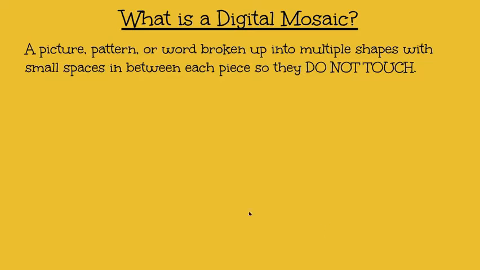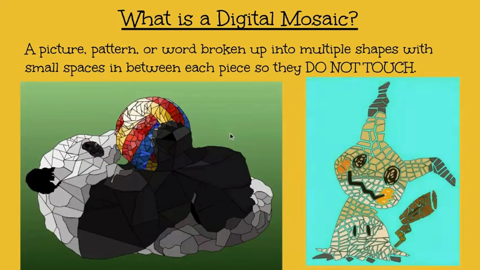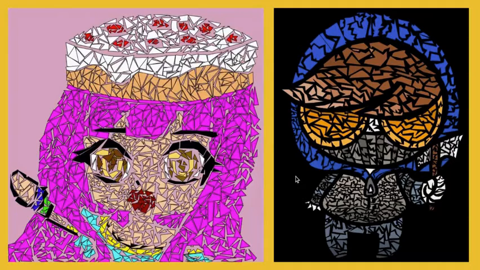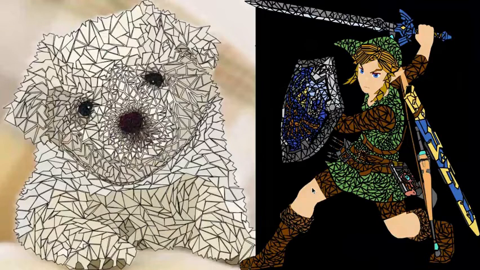A digital mosaic is a picture, pattern, or word or phrase, even, broken up into multiple shapes with small spaces in between, so that, again, the pieces do not touch. The images that you're seeing here were created by last year's sixth graders, so our current seventh grade students at the middle school. And you might see some familiar characters, maybe even some anime.